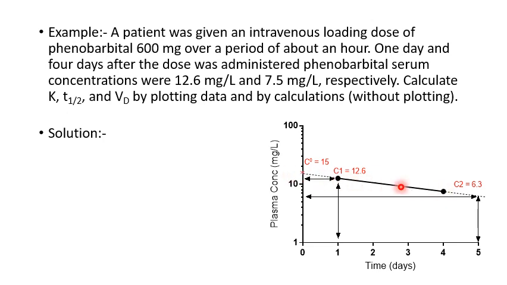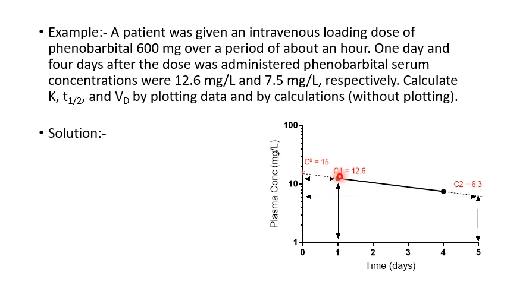We draw a straight line between these 2 points because we have used a semilog paper, and the plasma concentration time curve on a semilog paper, if it follows a one compartment model, should be a straight line. Then we have a straight line here.